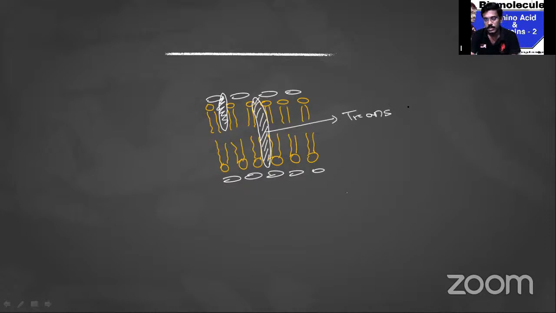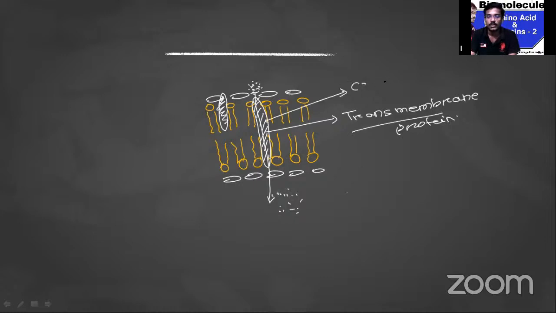This is called what? Transmembrane protein. Okay, what is the function of this transmembrane protein? Suppose there are some molecules outside the plasma membrane, then it will allow the molecules to pass through, from the outer side to the inner side. This transmembrane protein is also called a carrier protein.